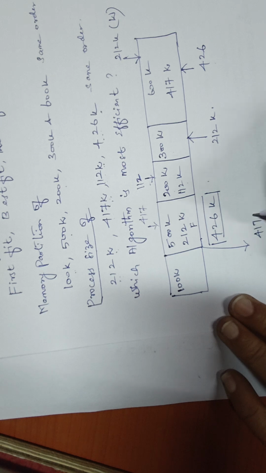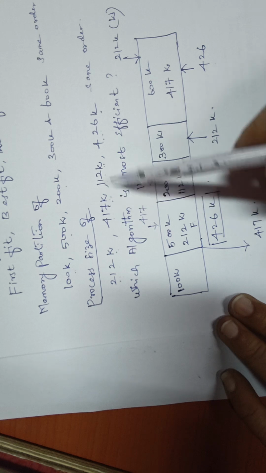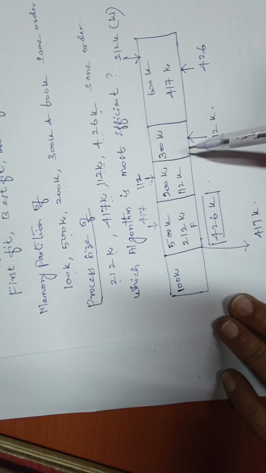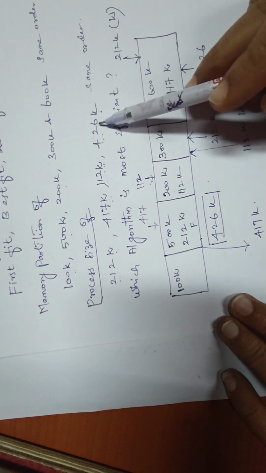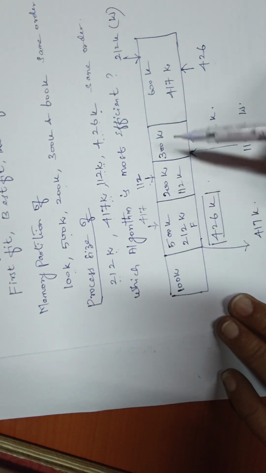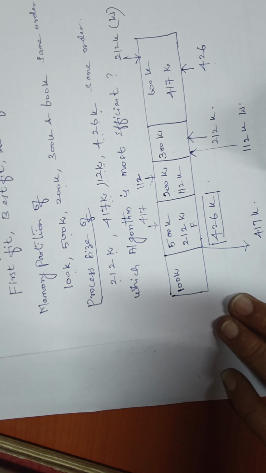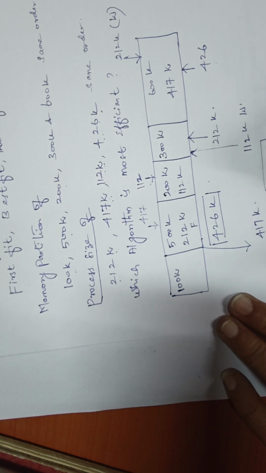So 417 fits into the space of 500. And 112 chooses the next maximum, which is 300. Next, 426 may not find a space to fit inside, so 426 is left unallocated.